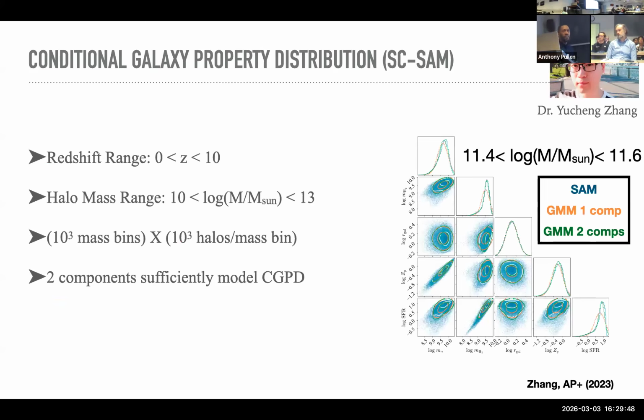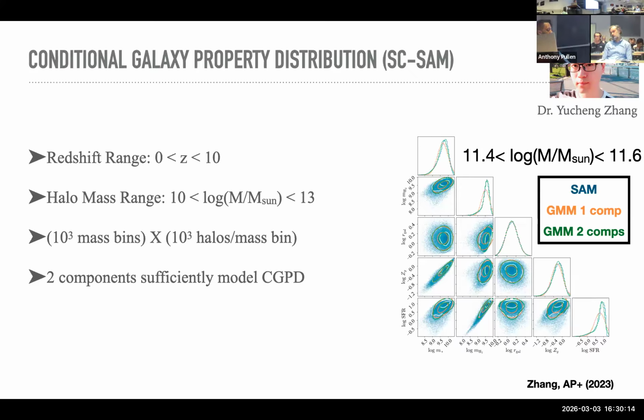So first off, do we have any idea of what this distribution even looks like? Well, we have simulations, so we can use simulations to get some idea of what this distribution could look like. Previous work was done by my former graduate student, Dr. Yucheng Zhang, who's now a postdoc at Tsinghua University in China, who was able to characterize this distribution for various galaxy properties.